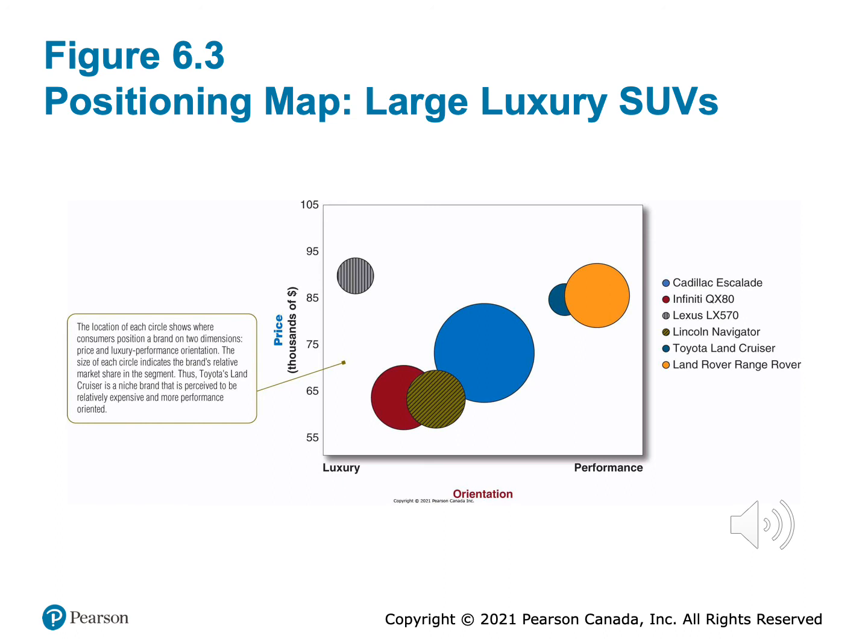If we were in a real class together in person, I have a little exercise that I do with students where we create a positioning map for pizza restaurants. We evaluate the pizza restaurants in Charlottetown based on price and quality. I get students to draw on a piece of paper a map with an x-axis and a y-axis. On one axis, we put low price and high price, and on the other axis, we put low quality and high quality.